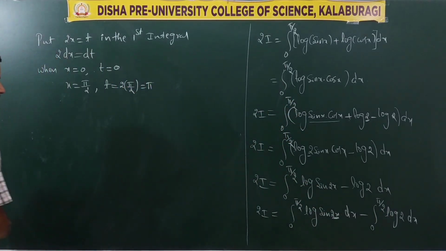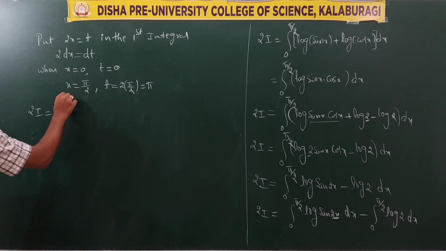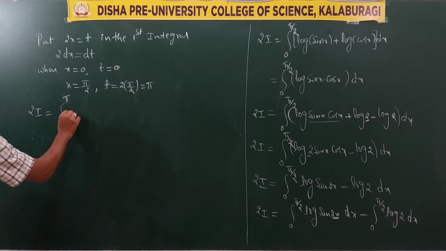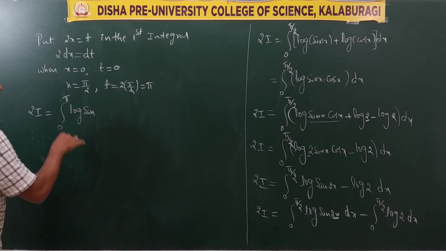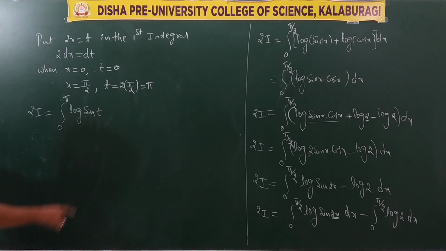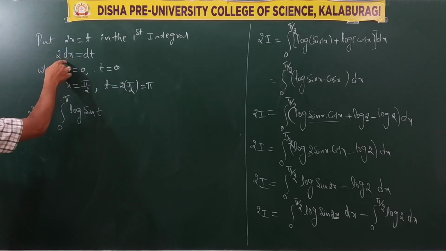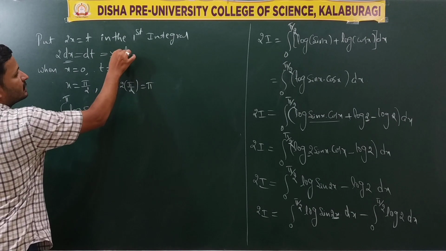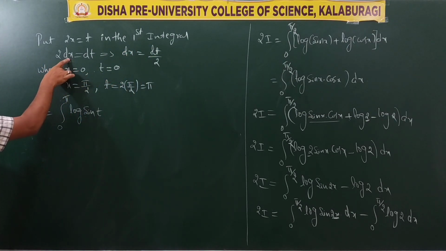So 2I is equals to integration from 0 to pi, log of sin t, because 2x is equals to t, and dx is equals to dt divided by 2.